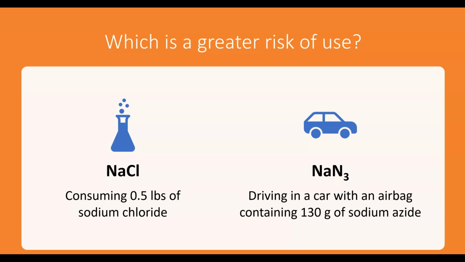Well, you would unbalance your electrolytes severely and you would probably kill yourself. Whereas working with that sodium azide, it's in some protected component. Even if your airbag goes off, the azide reacts very quickly and it's gone. It's converted to nitrogen, so you're not exposed to it.